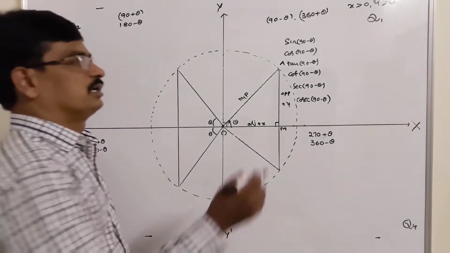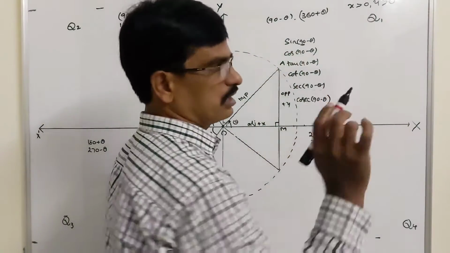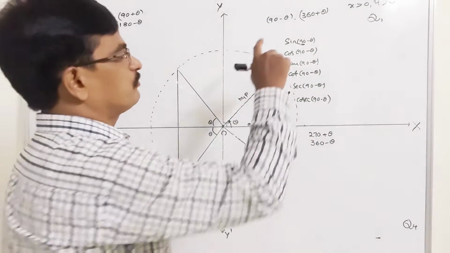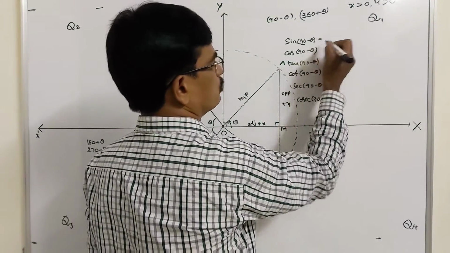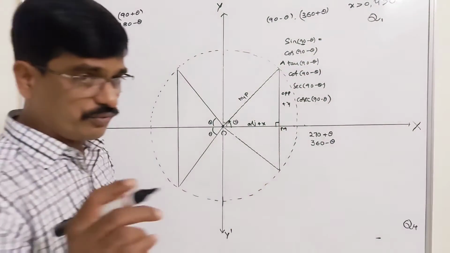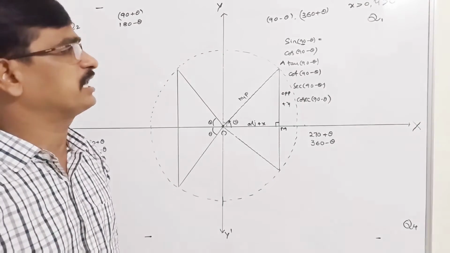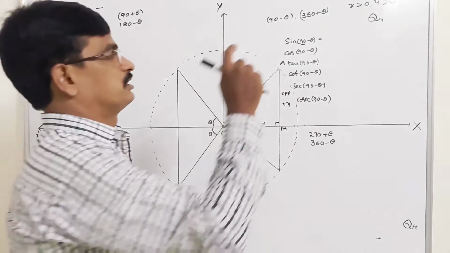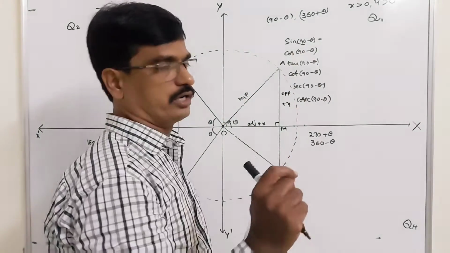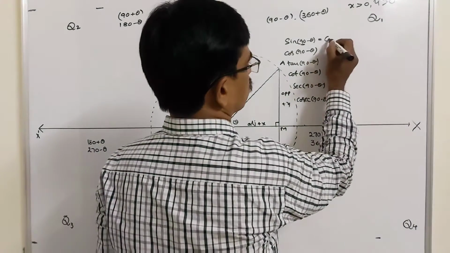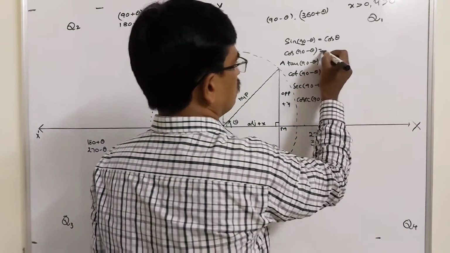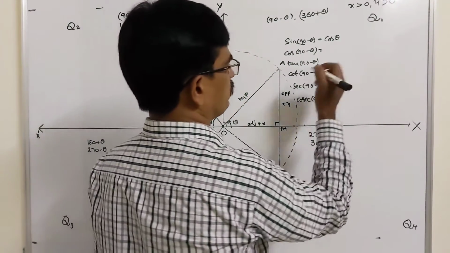See here only one right angle. Sine of 90 minus theta is equal to, when the number of right angles is odd, then sine becomes cos, that is cos theta. This one we already proved in the previous class.